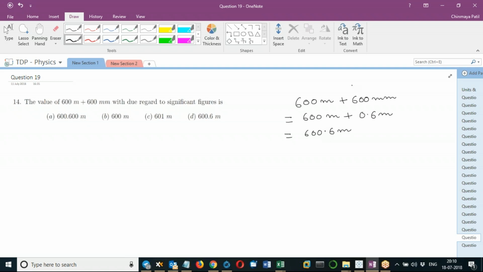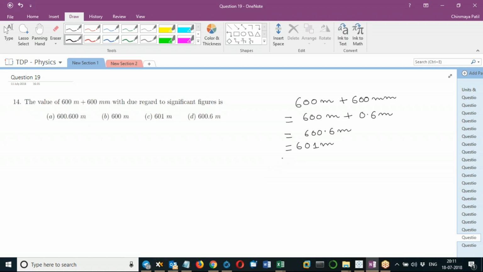Based on this principle, 600.6 meter on rounding off will come to 601 meter, and that is why we get the correct option C.